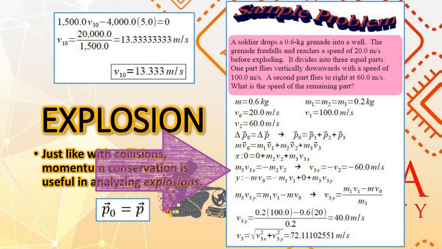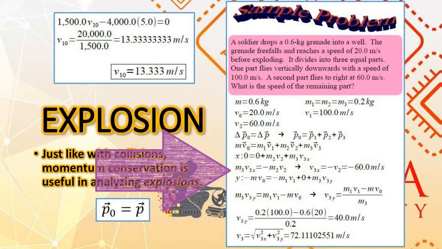After the explosion, the object divides into three equal parts, M1, M2, M3, equal masses. M1, M2, M3 are equal to 0.6 divided by 3. So M1 is equal to M2 is equal to M3 is equal to 0.2 kilograms.